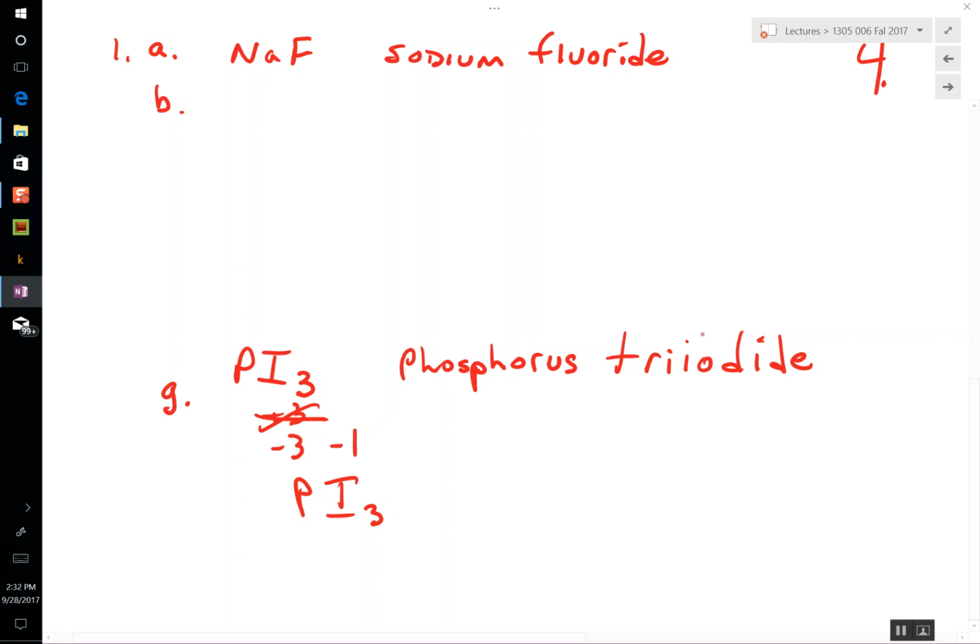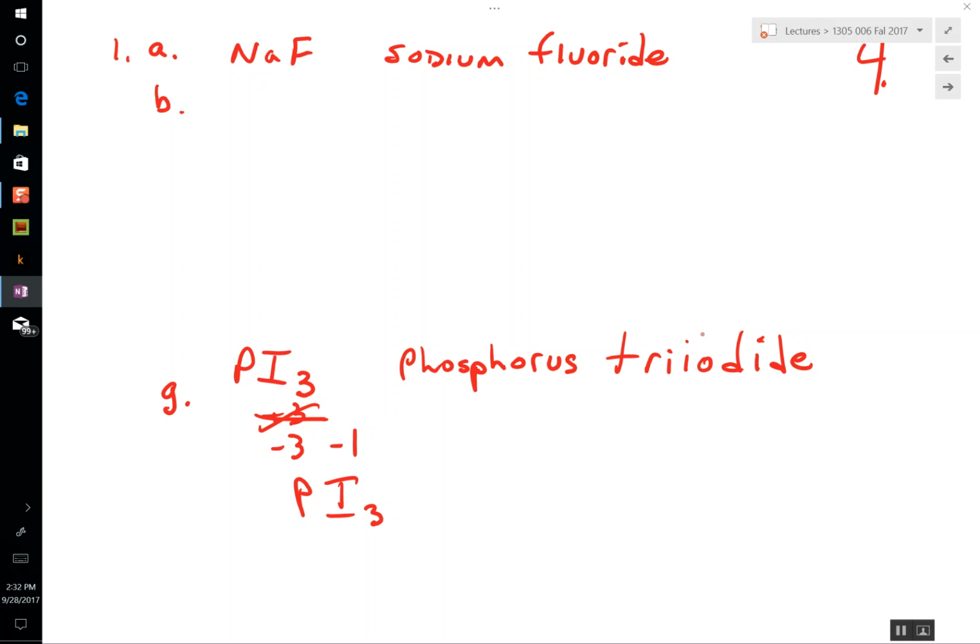It would actually keep the two I's. Triiodide. Keeps the two I's. Here's one case where they patterned it after my name, which has 3 vowels right in a row. They decided to keep 3 vowels right in a row. I don't know why they did that.